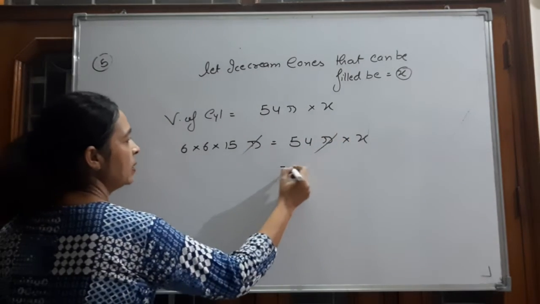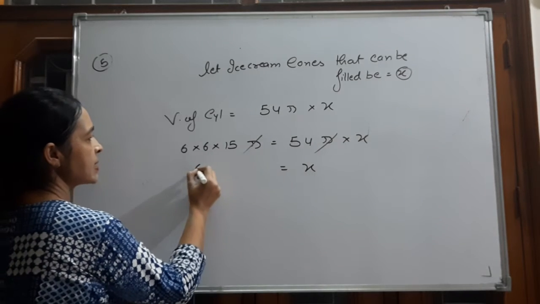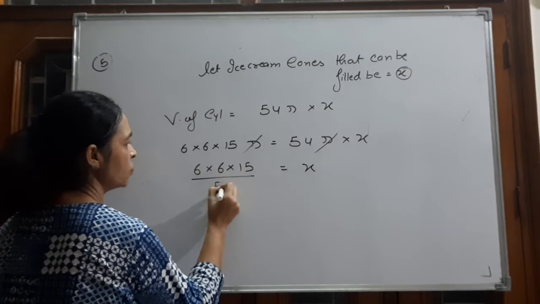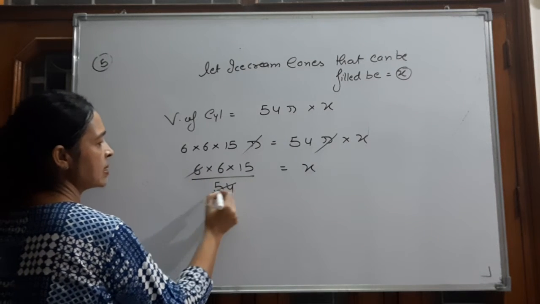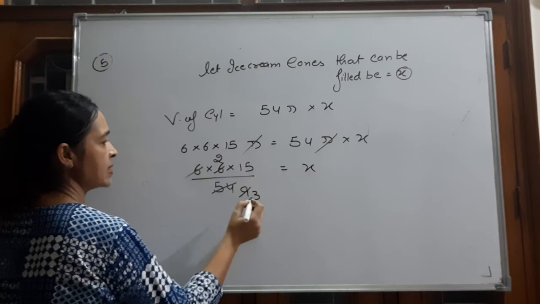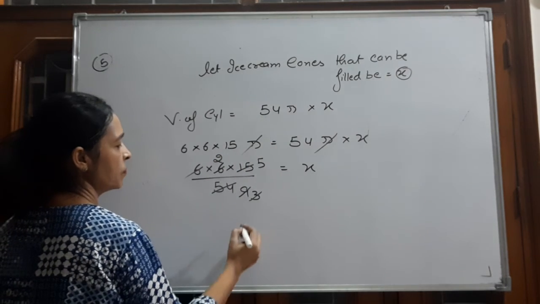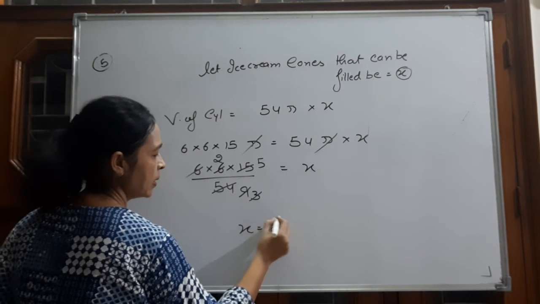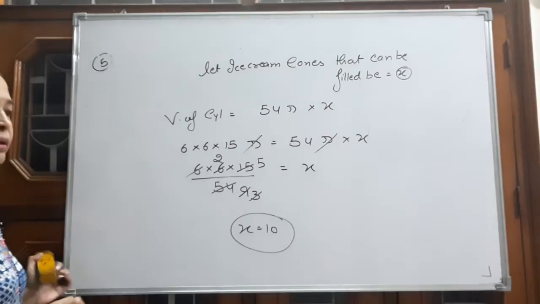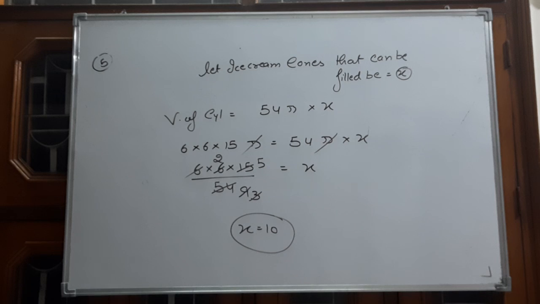What do we have to find? x, which is 6 into 6 into 15 by 54. 6 ones are 6, 6 nines are 54, 3 threes are 9, 3 twos are 6, 3 fives are 15. x is 10. The number of ice cream cones that can be filled from that cylindrical container is 10.